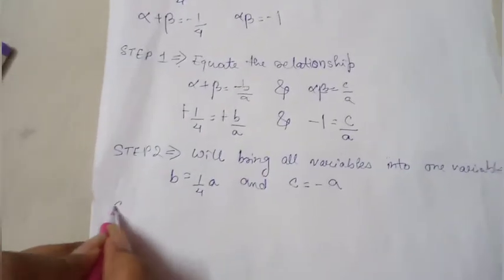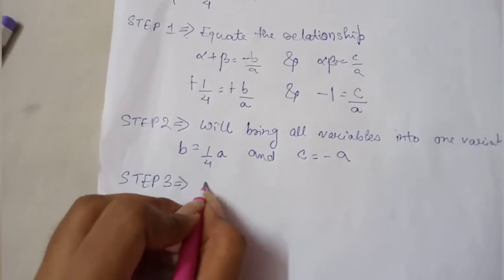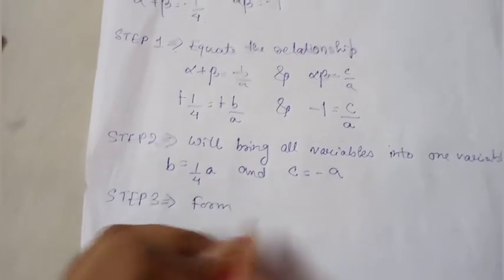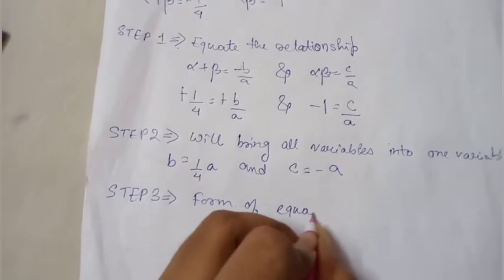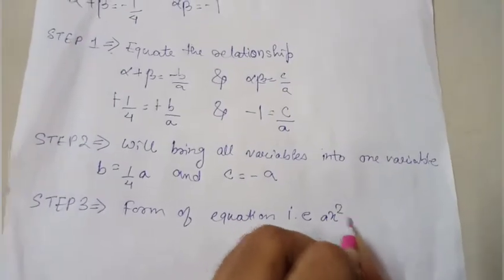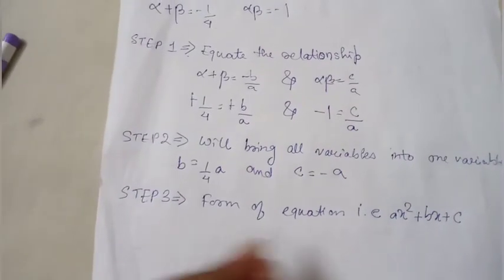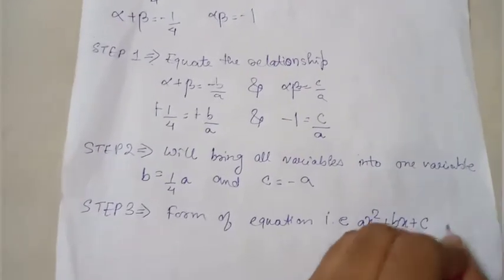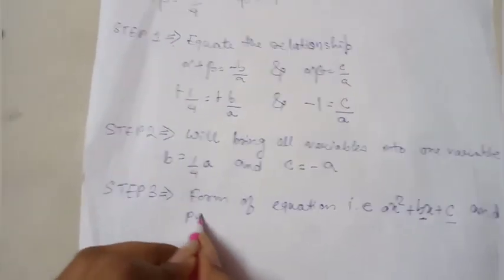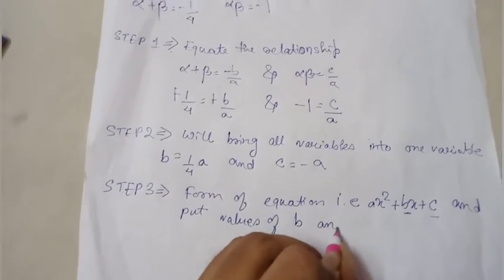Now step 3. Step 3 is simple. We need to write the form of equation, that is ax square plus bx plus c. Now we just need to put the values of b and c, which we got in step 2.